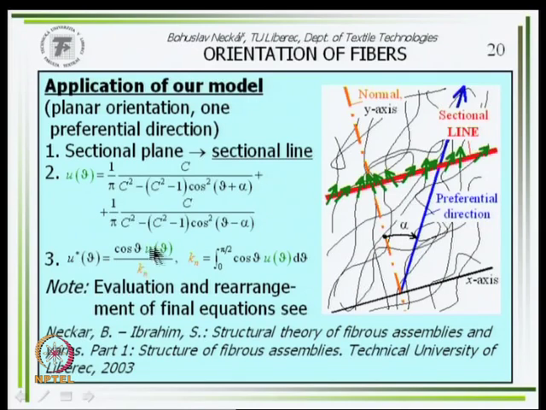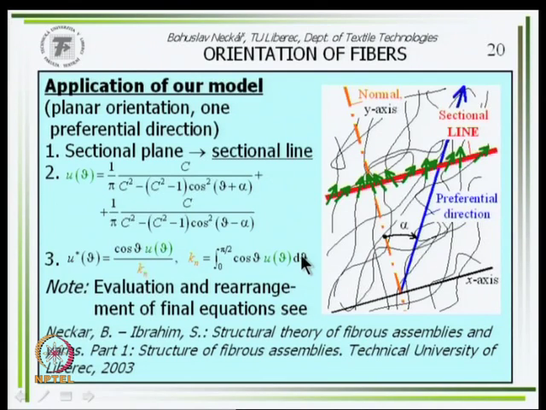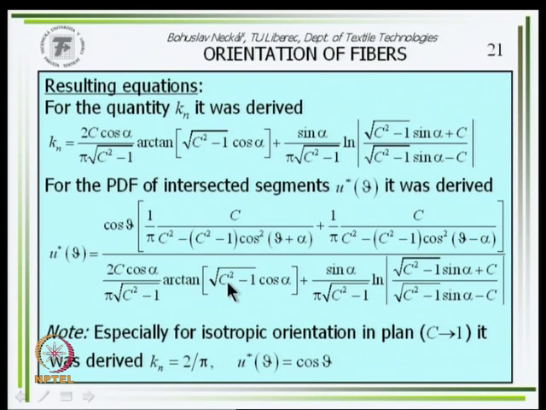U theta we derived in our model, it is from an earlier slide. U star theta we derived in this equation, where Kn is this here. So in the position of U theta here and here, we need to use this and make this integration, which is not too short and formally not too easy. If you want to check the whole way by integration, you can use our literature.